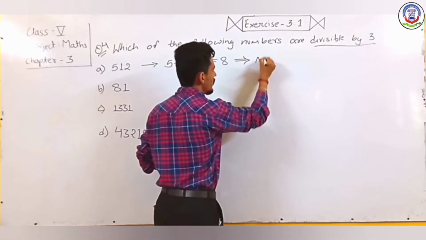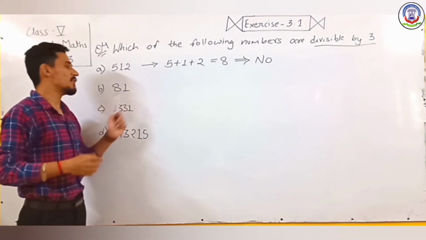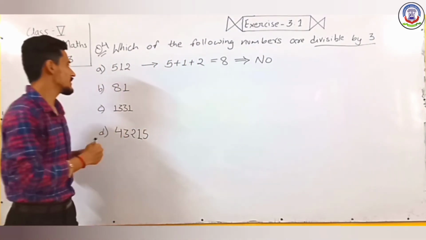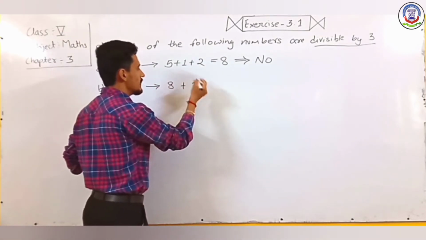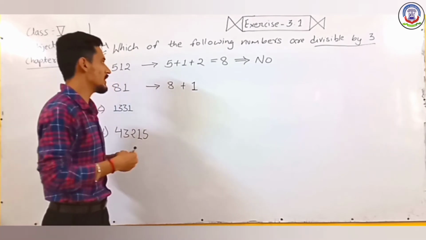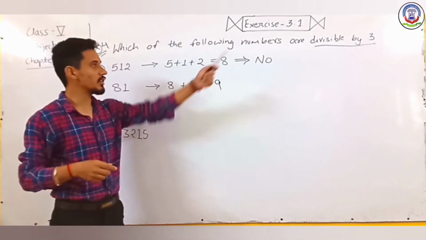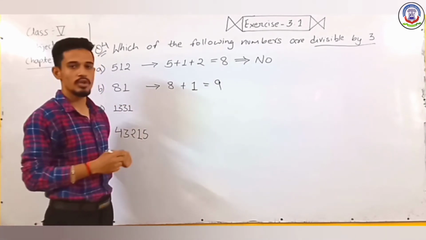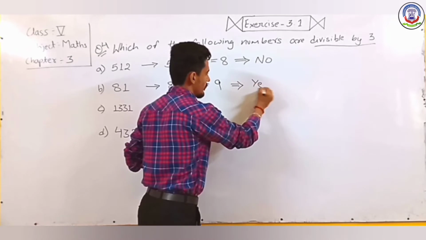So we write here no. Next we have 81. So in this we have 8 plus 1. So 8 plus 1 is 9 and 9 is divisible by 3. So 81 is also divisible by 3. So we write here yes.